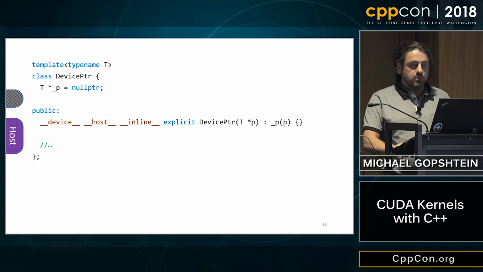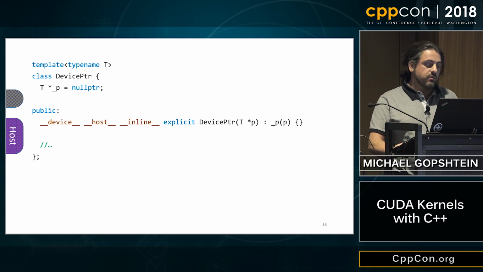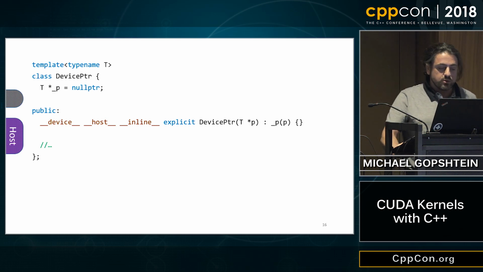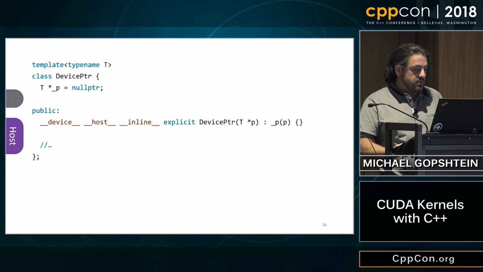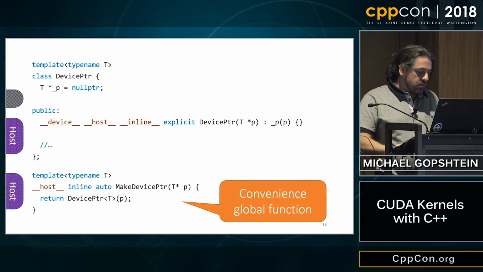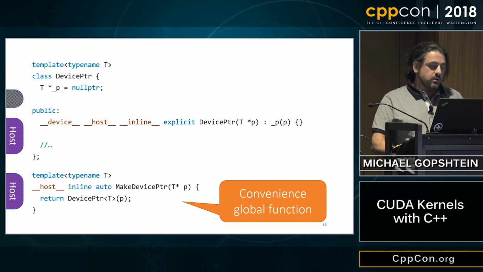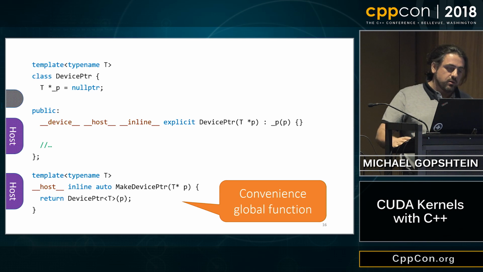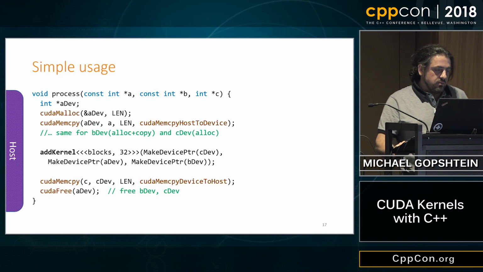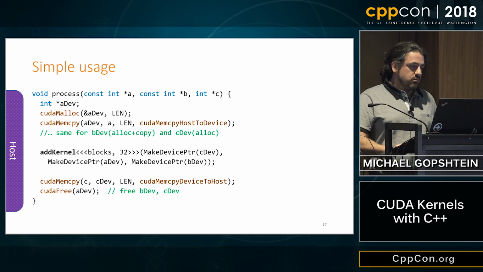And basically, all the functions, free functions and member functions, which are invoked from other methods on the GPU, should have this device keyword. You can also add a convenience helper function, which would take a T pointer and would make a device PTR from the pointer. And then we can use the classes.